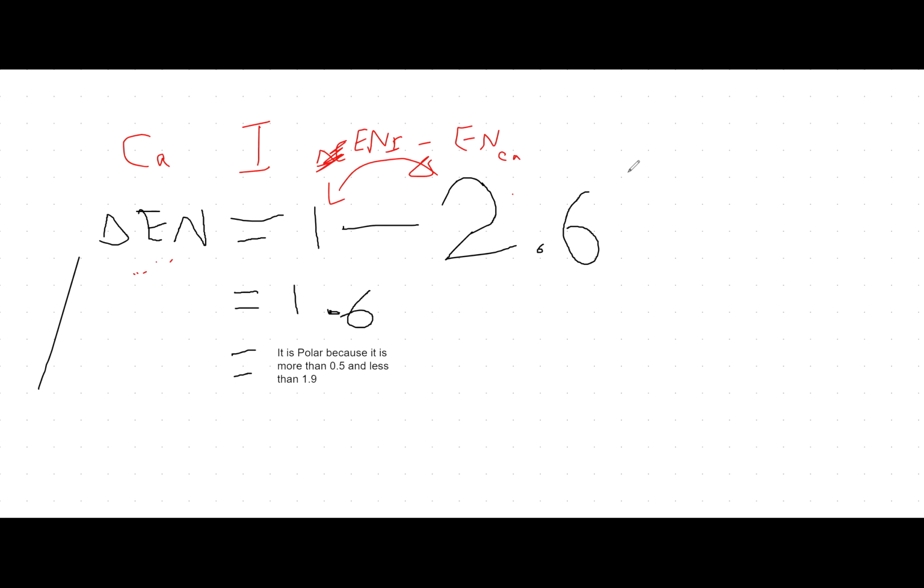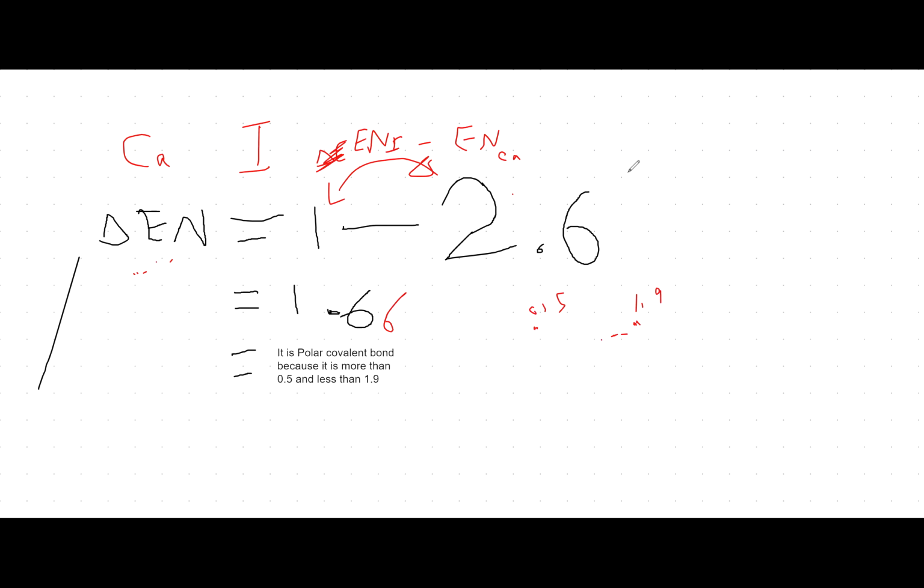Calcium is 1 and iodine is 2.66, which means the difference is 1.66. So the difference is 1.66. So I know it's 0.5 to 1.9. Okay, so this is in between, which is not applying the rules.